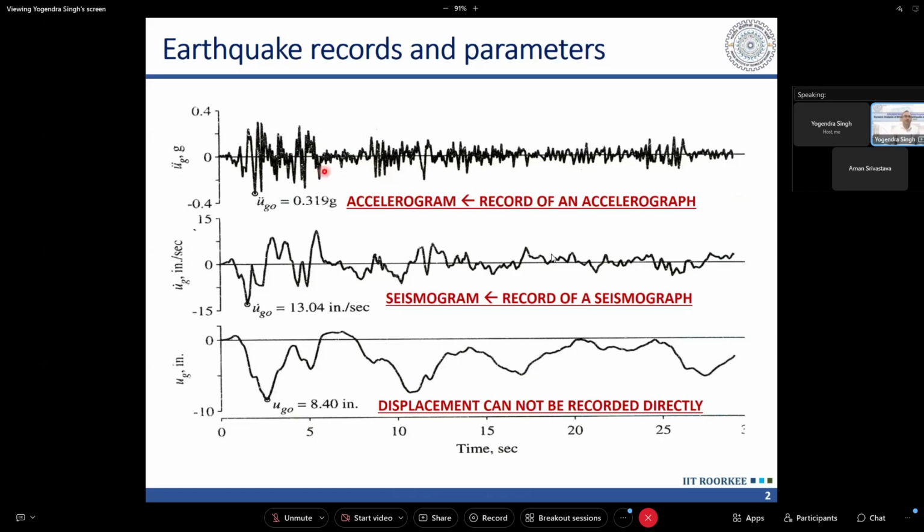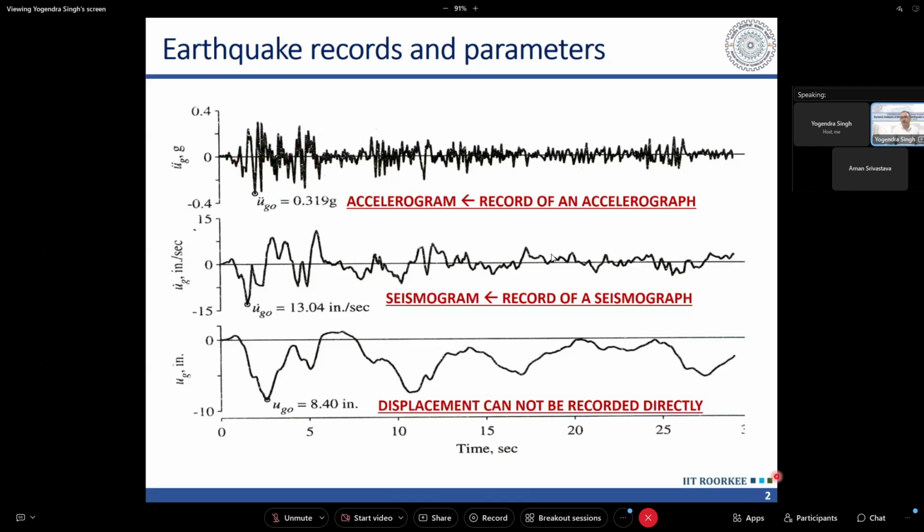So if we multiply mass by the acceleration, we will get the force applied on the structure. Here you see one peculiar characteristic of earthquake which makes it different from all other types of loading, that it is crossing the zero line. So it is reversing its direction in a fraction of a second.